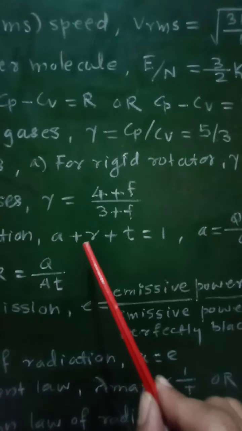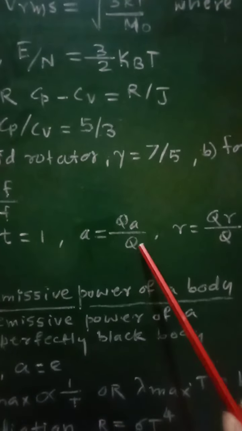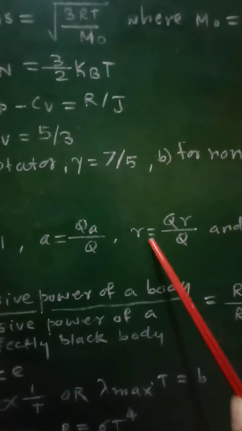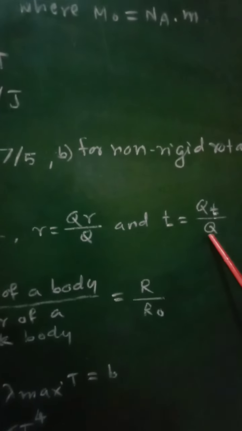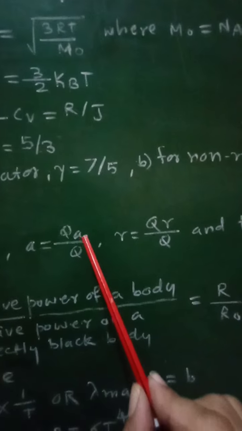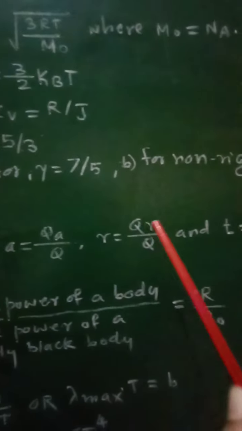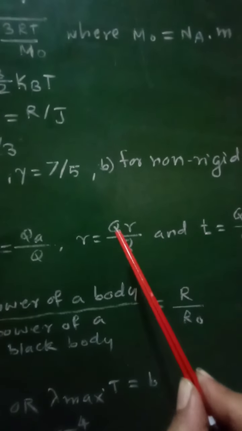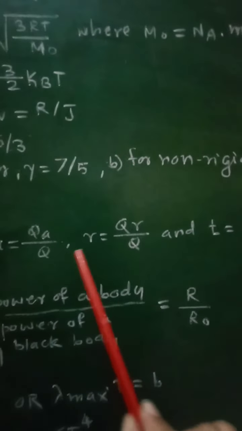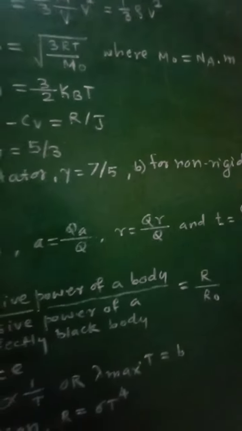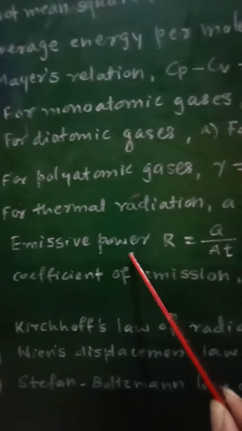That is A plus R plus T equal to 1, where A is equal to QA upon Q, R is equal to QR upon Q, and T is equal to QT upon Q, where QA is amount of energy absorbed, QR is amount of energy reflected, and QT is amount of energy transmitted, where Q is total amount of energy.